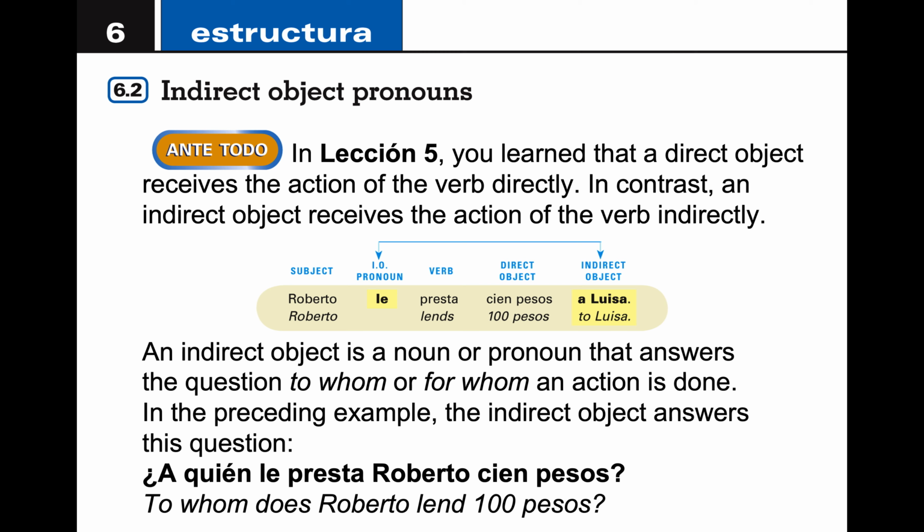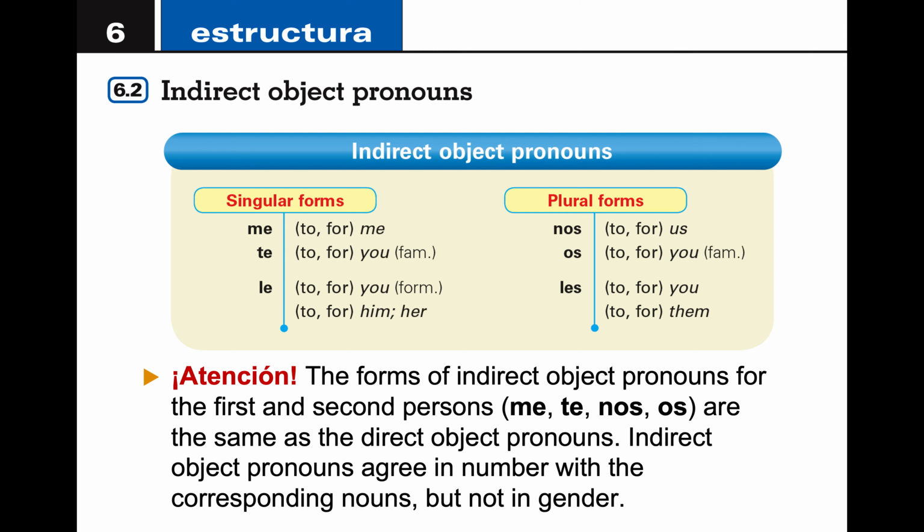So if we're looking at Roberto lends 100 pesos, well, to whom? That's why a Luisa would be the indirect object. If I'm looking at the other example, a quién le presta Roberto 100 pesos, I'm saying to whom does Roberto lend 100 pesos? So I'm asking that question actively in Spanish and not just pointing out the indirect object.